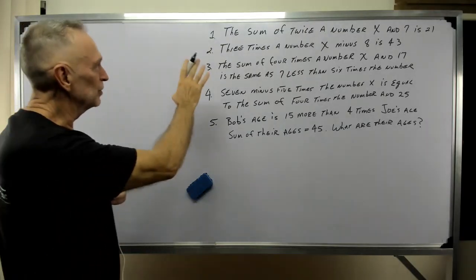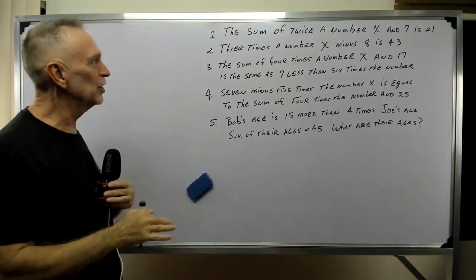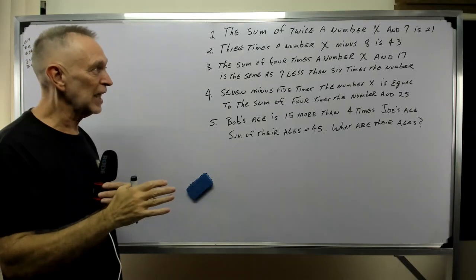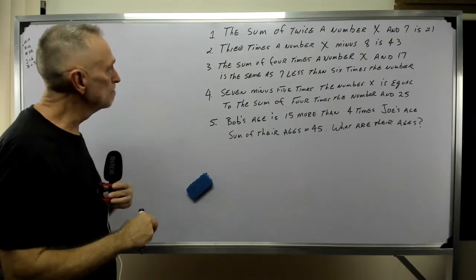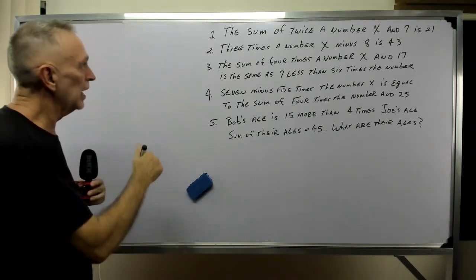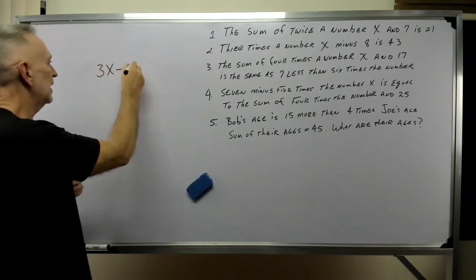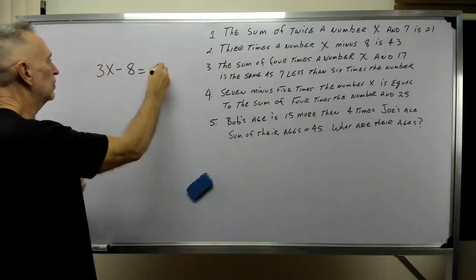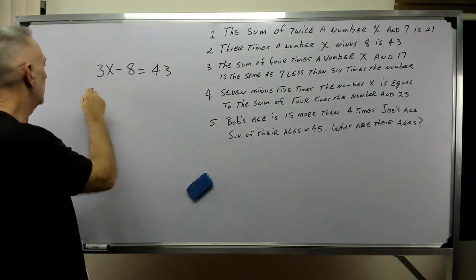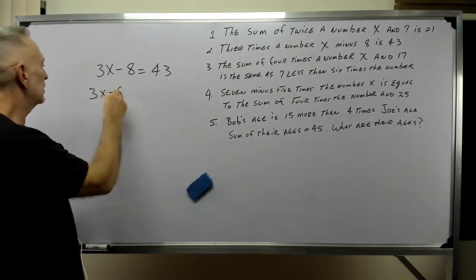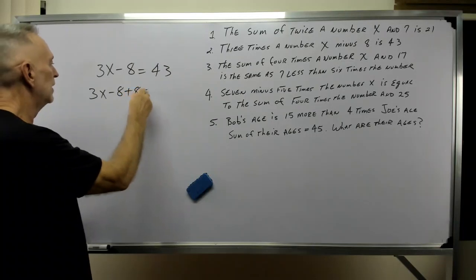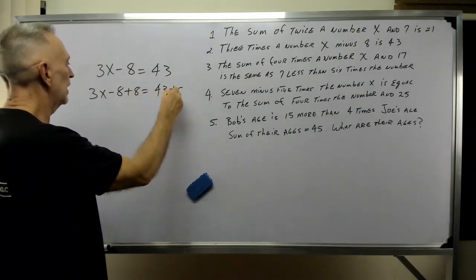Number 2 here. 3 times a number x minus 8 is 43. 3 times a number x minus 8 equals 43. Okay, so 3x minus 8 plus 8 is 43 plus 8.